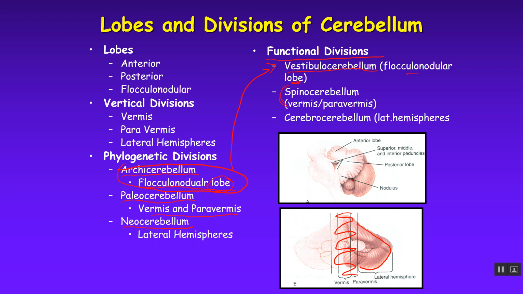Then we have the spinocerebellum, which is this vermis and paravermal regions together. Spinocerebellum, think spine, think proximal postural gross movement. So this is coordination of your trunk muscles, okay? So trunk muscle coordination is the spinocerebellum. And it's nice because it's the middle of the cerebellum. It's that vermal and paravermal regions, which I kind of think synonymous with the middle of my body, you know?